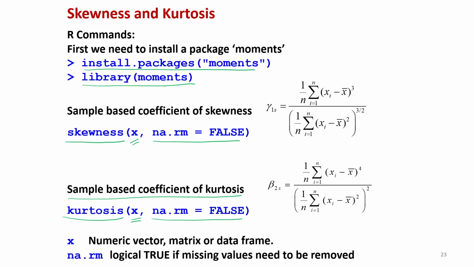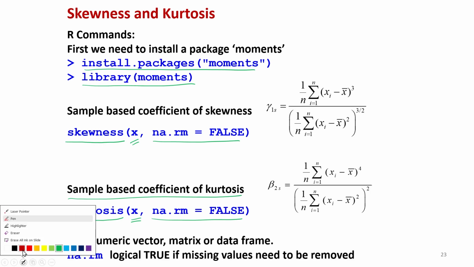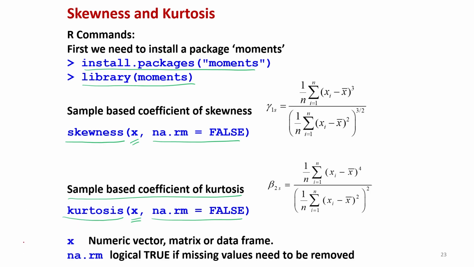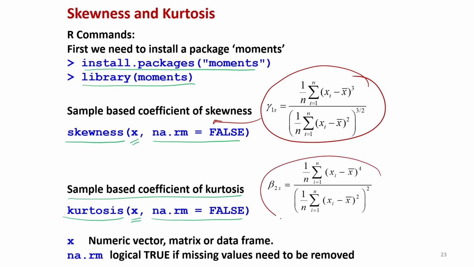But before moving further, one very important aspect for you to keep in mind: in the R software, the coefficient of skewness is actually computed by the gamma 1 coefficient, and the coefficient of kurtosis is computed by the beta 2 coefficient. This is what you have to always keep in mind.